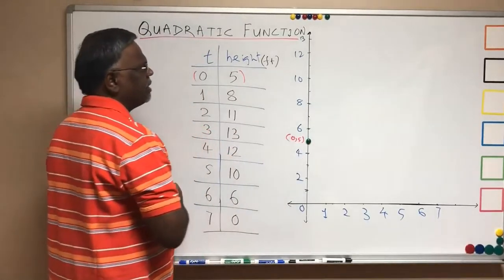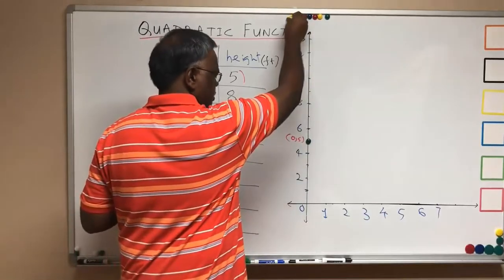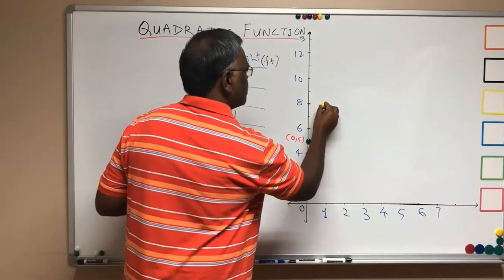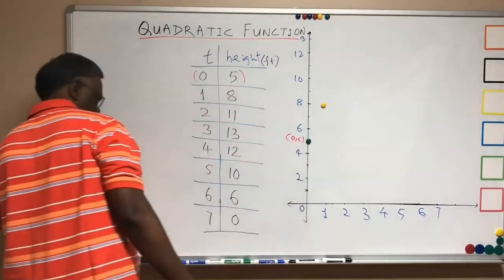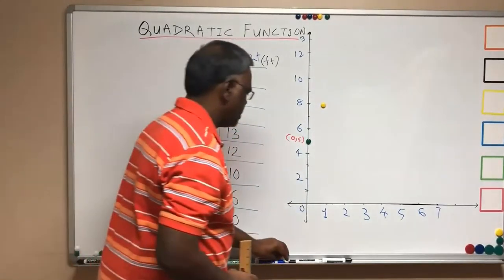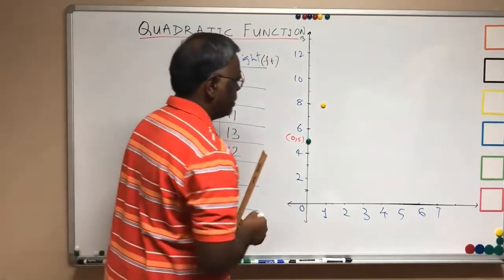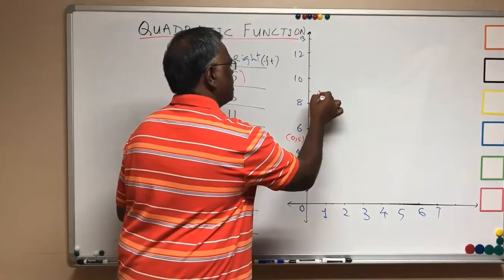Then you have 1 and 8. When x is equal to 1, y goes to 8. This is (1, 8).